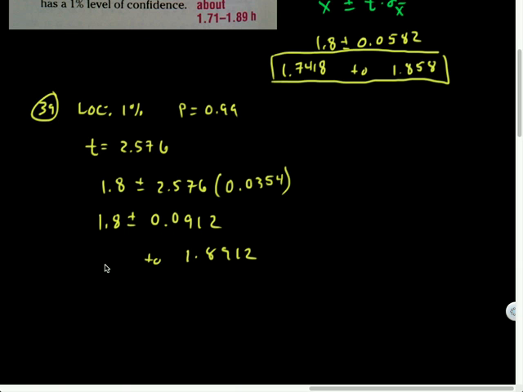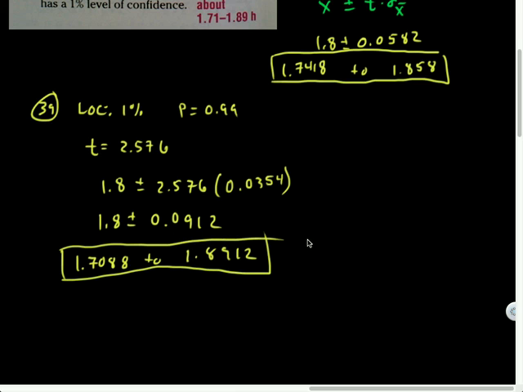My lower bound would be 1.8 minus 0.0912, and I get 1.7088. And yeah, that's what they got as well. I just got it within better margins, better accuracy.